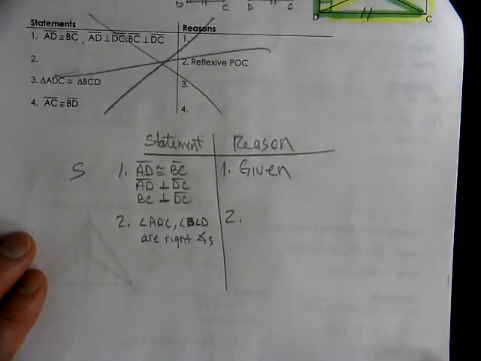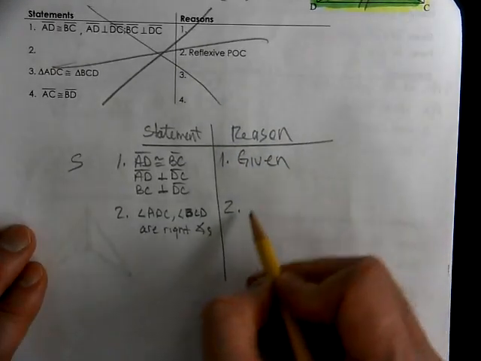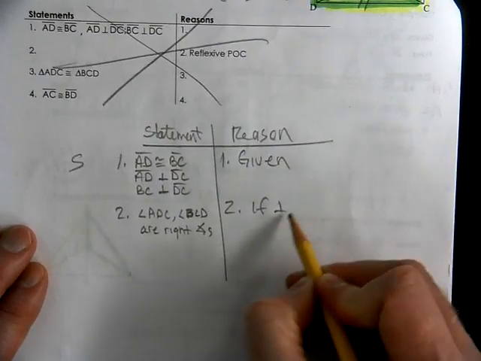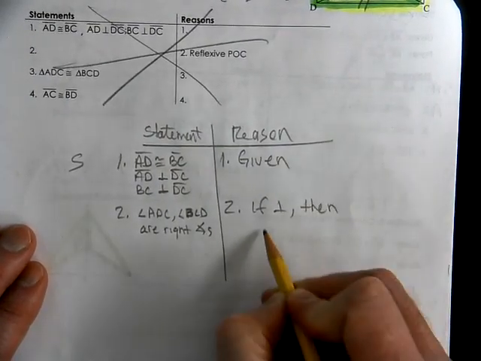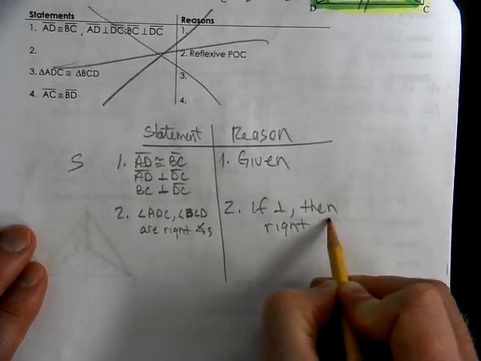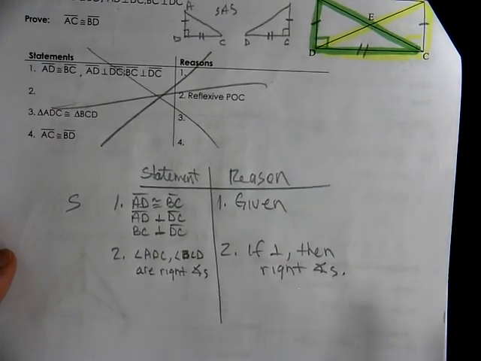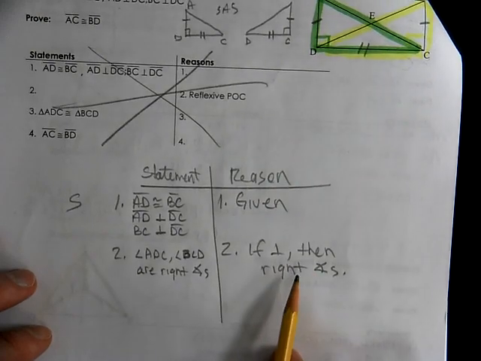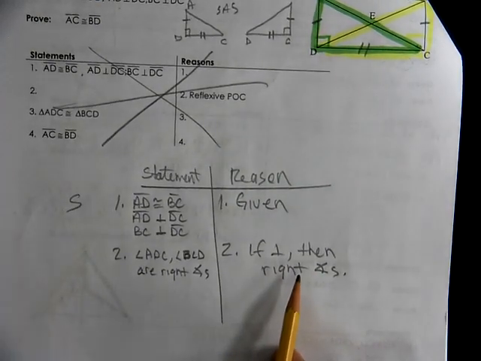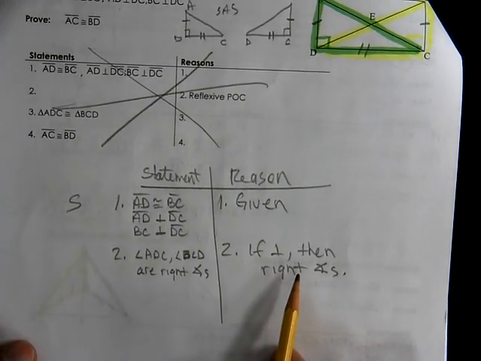I know that they are right angles. How do we know that? If perpendicular, then right angles. If two lines are perpendicular, then they form right angles. We have that directly on our sheet.